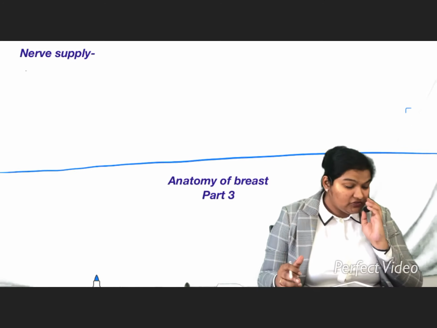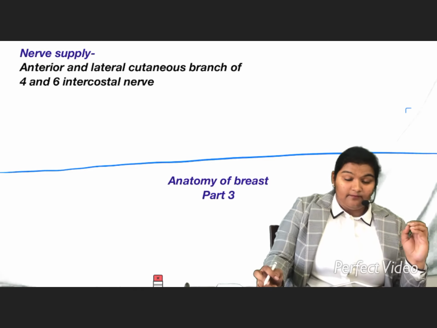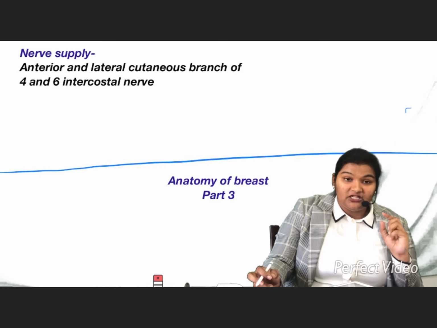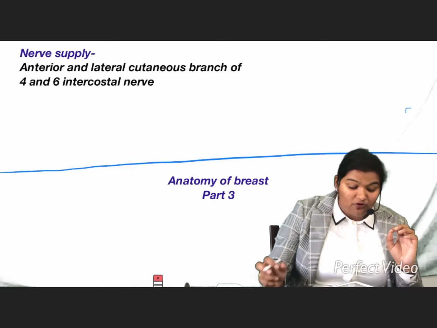So the breast is supplied by anterior and lateral cutaneous branch of 4th to 6th intercostal nerve. Okay, what is it? Once again say it with me. Anterior and lateral cutaneous branch of 4th to 6th intercostal nerve.